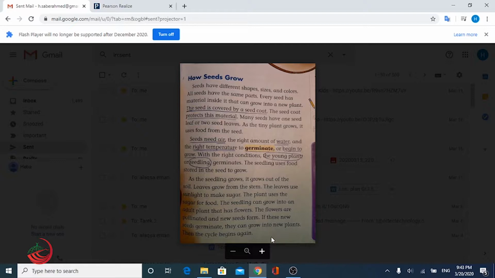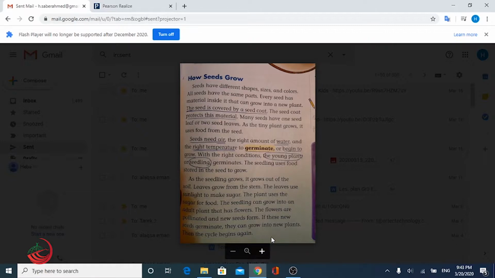As the seedling grows, it grows out of the soil, which is normal because we know that the stem usually grows heading to the sunlight. So it grows out of the soil. Leaves grow from the stem.